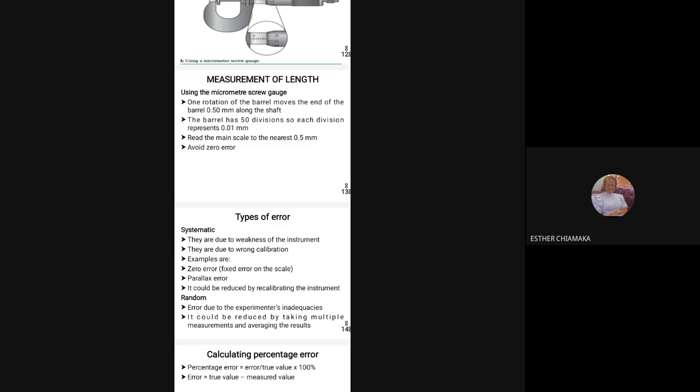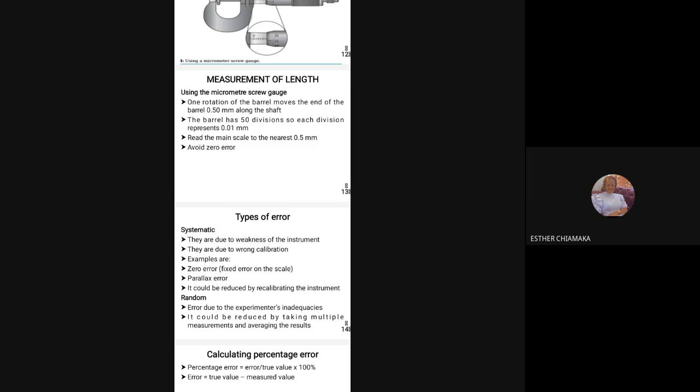So you must make sure that the ruler you are using to take your reading has the 0 cm and 1 cm there. Don't use a ruler where the 0 to 1 cm has been chopped off. Make sure that the 1, 2, 3, 4, 5 is consistent on the meter rule to avoid zero error and systematic error.